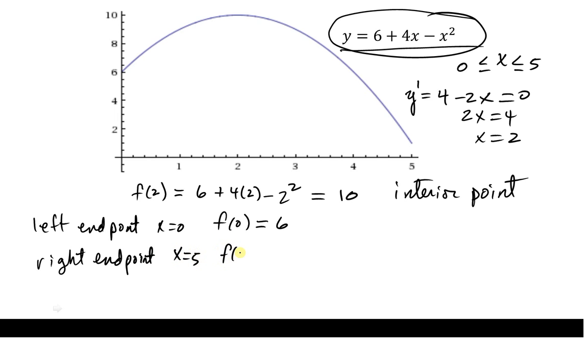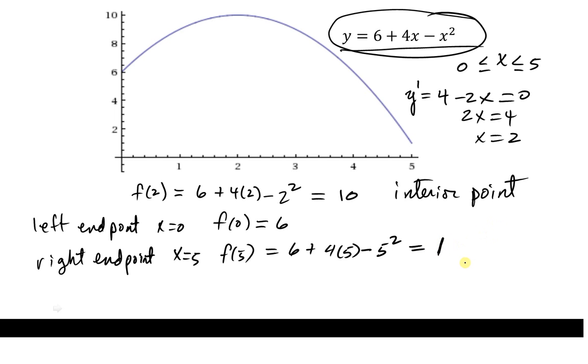So f of 5 is equal to 6 plus 4 times 5 minus 5 squared, which turns out to be equal to 1.